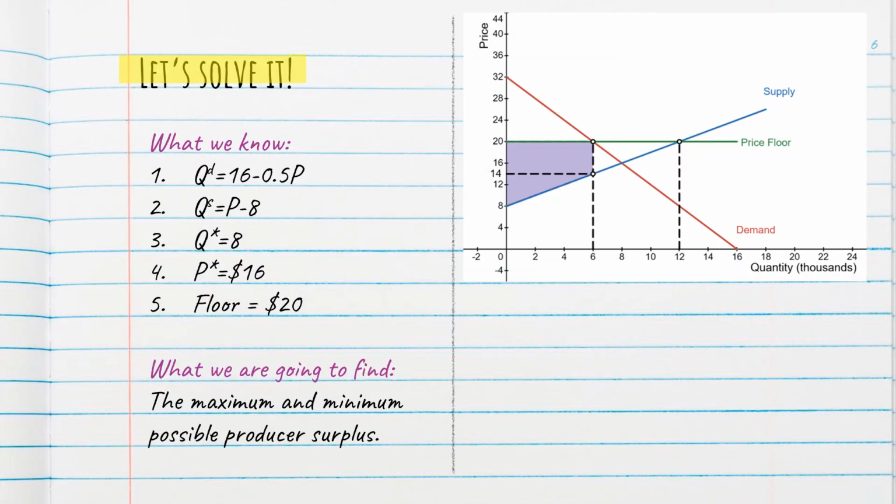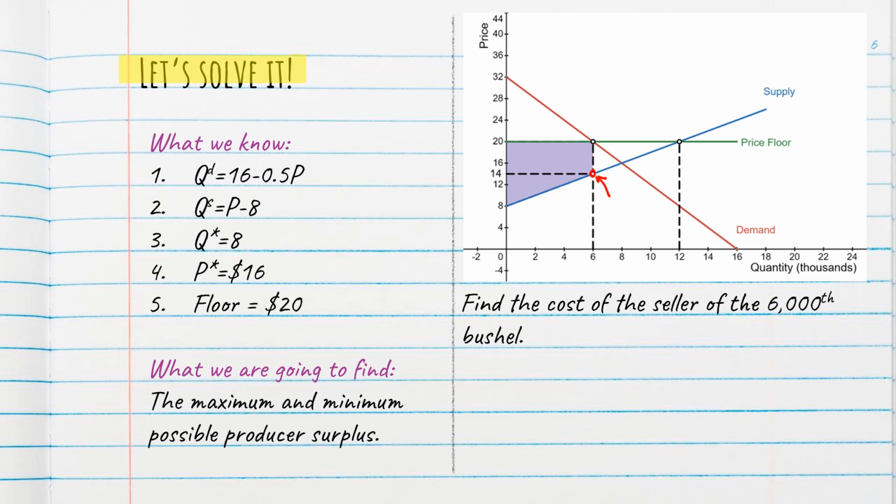If we want to compute the area of this purple trapezoid, we need to find the cost of the seller of the 6,000th bushel. Now the graph is already labeled at 14, but if we were taking an exam or working out a homework problem and had simply sketched this, we wouldn't know this value.